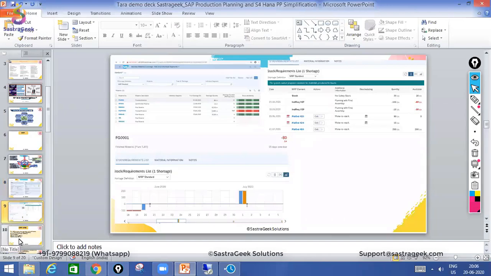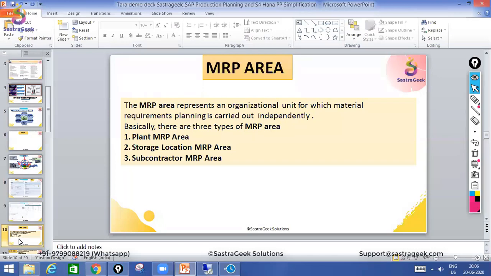So see, basically what is MRP area? MRP area is nothing but an organizational unit for which material requirement planning can happen.